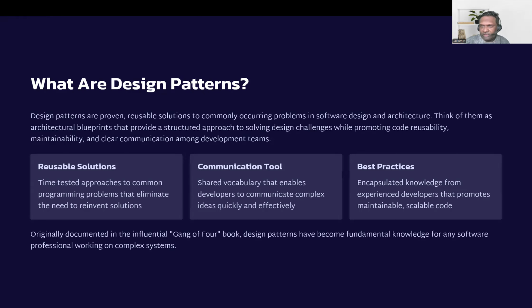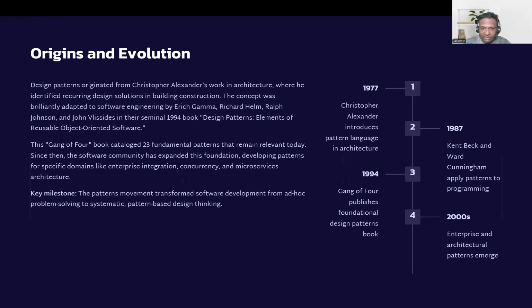So, where did all this start? What are the origins and evolution of design patterns? Patterns started outside software. In 1977, Christopher Alexander used them in architecture to describe recurring building solutions. In the 1980s, Kent Beck and Ward Cunningham saw their potential in programming.